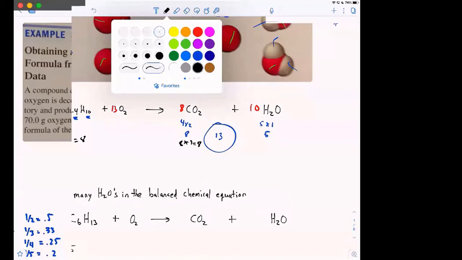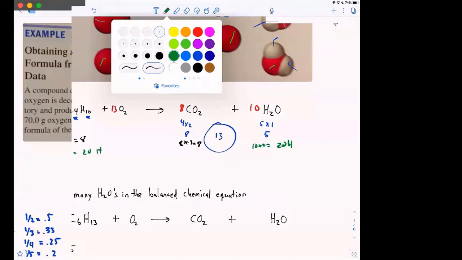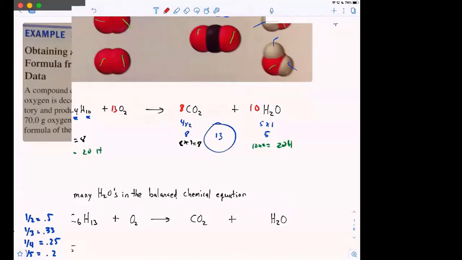I'll do red or green for hydrogens. So 2 times 10 is 20 hydrogens, and 10 times 2 is 20 hydrogens. So hydrogens are balanced. And then red oxygens, 13 times 2 is 26 oxygens.